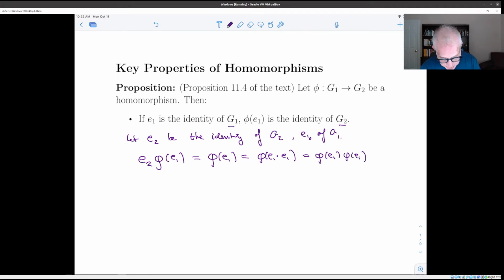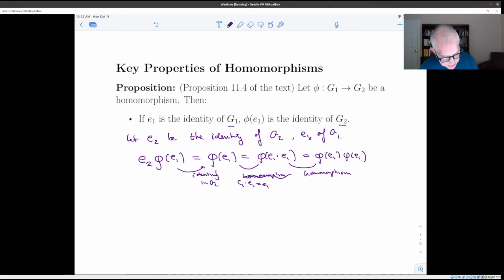So here we're using the identity in G2. Here we're using the fact that E1 times E1 equals E1. Here we're using the homomorphism property.